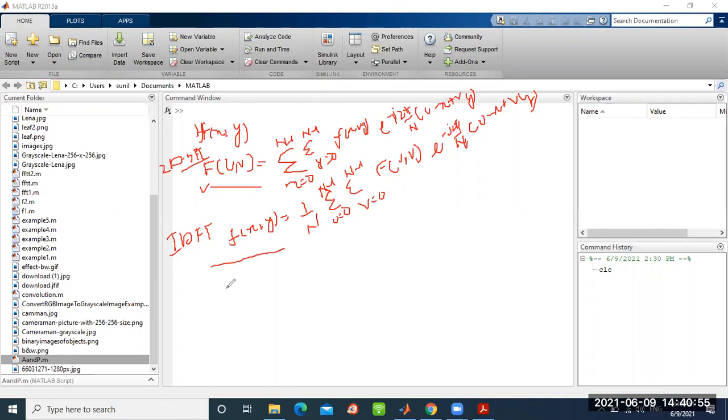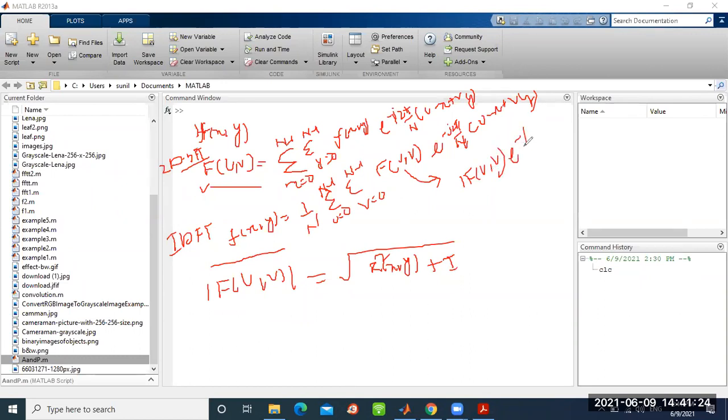One is your power spectrum, which is nothing but mod of F of u, v. Okay. What is the formula for that? It is the root over your real component squared plus your imaginary component squared, because the Fourier transform is represented in complex format.